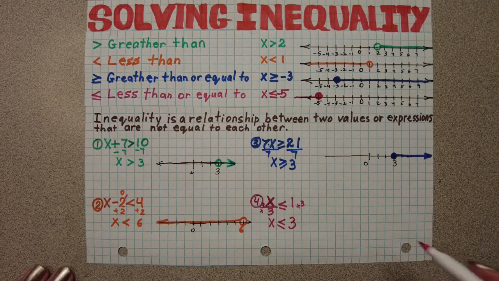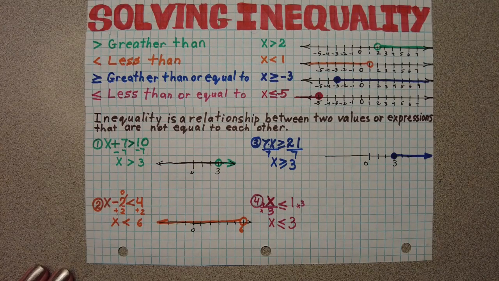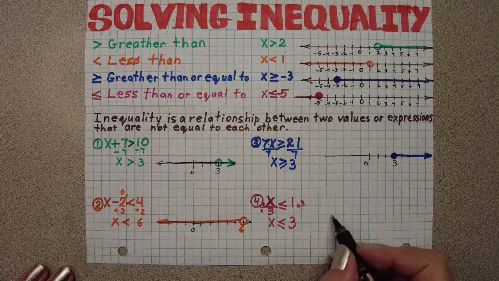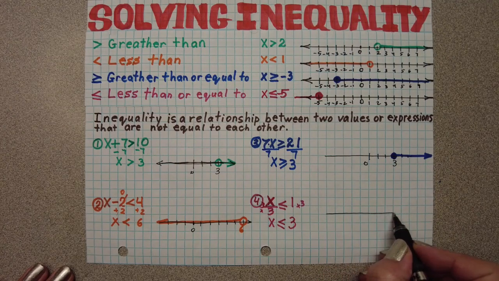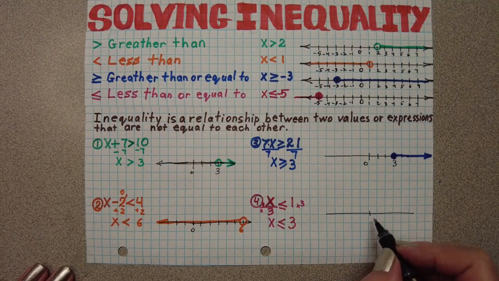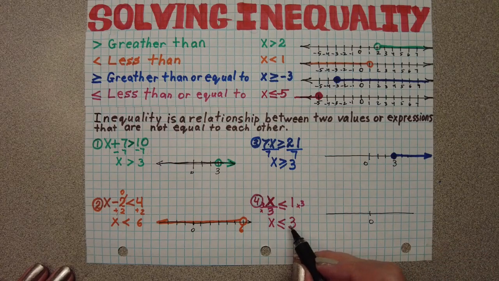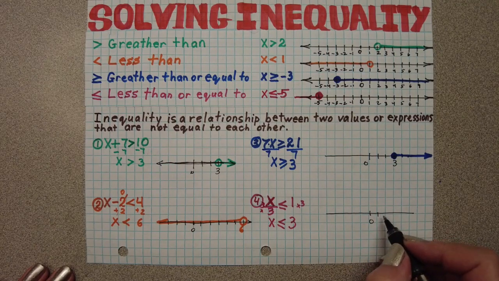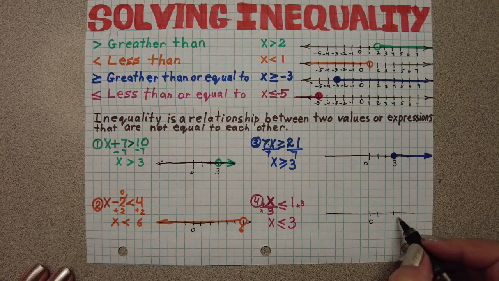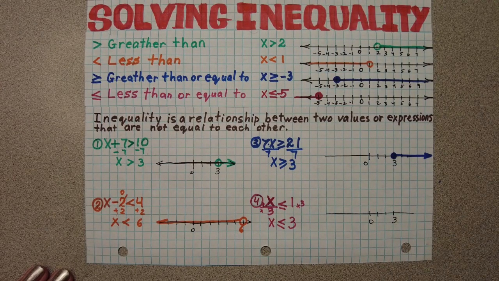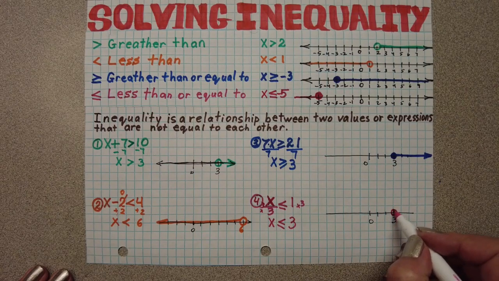So now let's graph the solution on a number line. We have here a number line. This is our 0. We have number 3 here. Again, 1, 2, 3. In this case, all answers are less than or equal to 3. So 3 also is an answer.